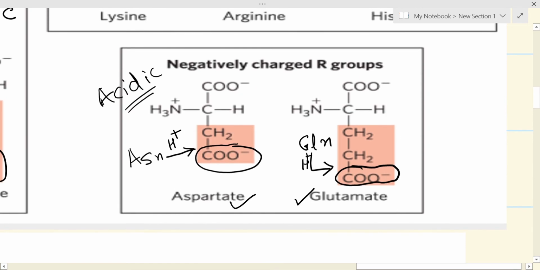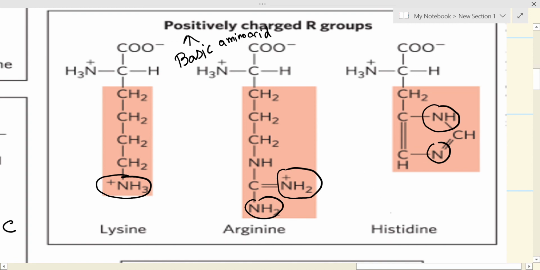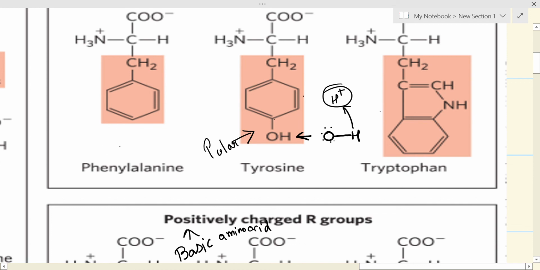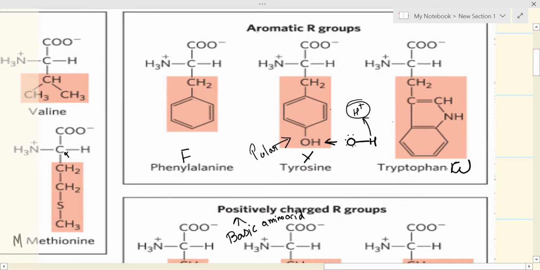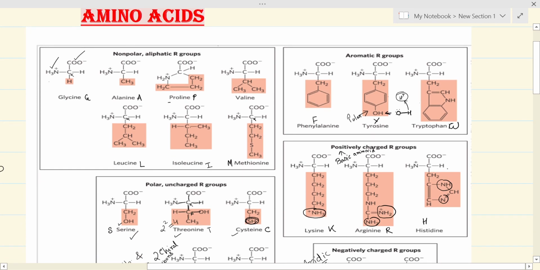Now for aspartate or aspartic acid we have D, for glutamate we have E, then for histidine we have H, for arginine we have R, for lysine we have K, and for the aromatic amino acids, phenylalanine is F, tyrosine is Y, and tryptophan is W. So I hope this video makes some sense and you get an overview of amino acids.